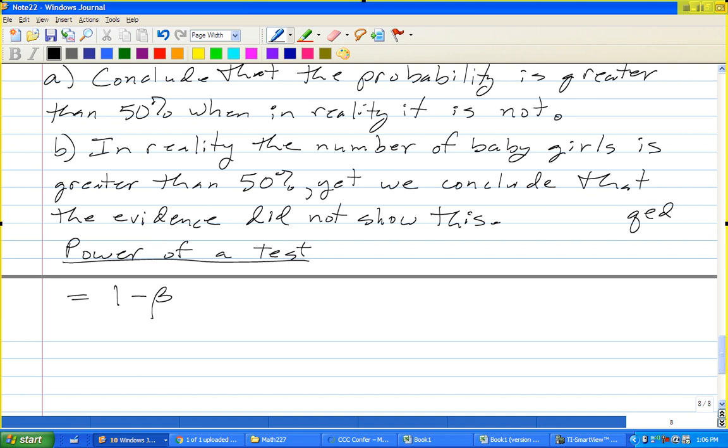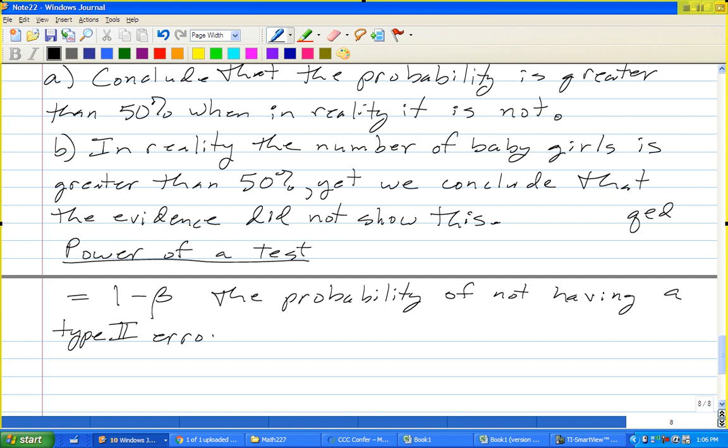That's called the power of a test. So 1 minus beta is the power of a test. Okay.